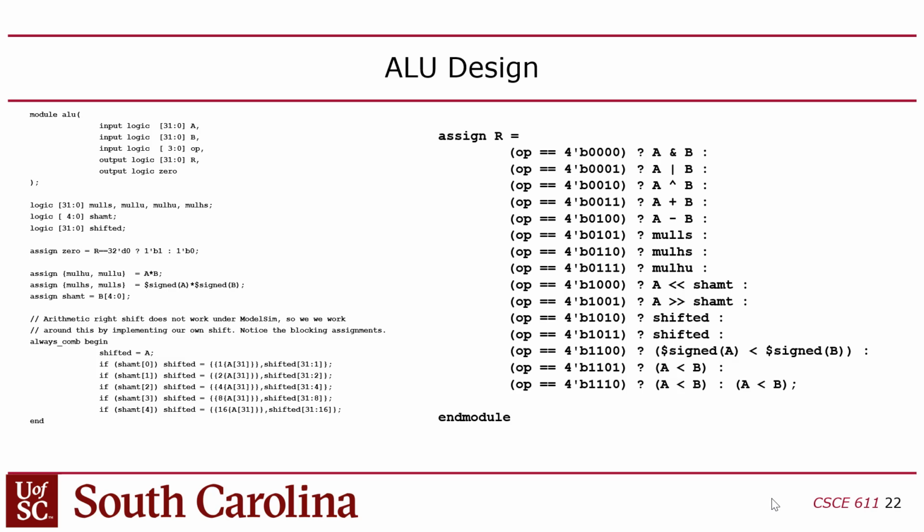Everything else is pretty straightforward. We just have this nested ternary operator, looking at the opcode and then setting the output. We also use $signed for the signed less than. So we had to use $signed for doing a signed multiply and a signed comparison. Everywhere else, the values were just interpreted as unsigned numbers for multiplying and comparison.